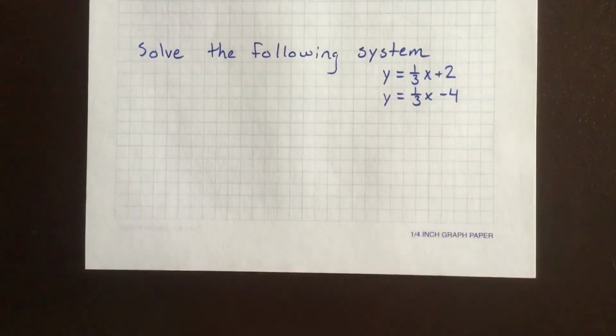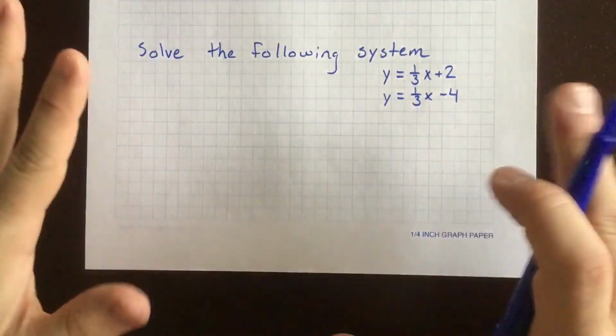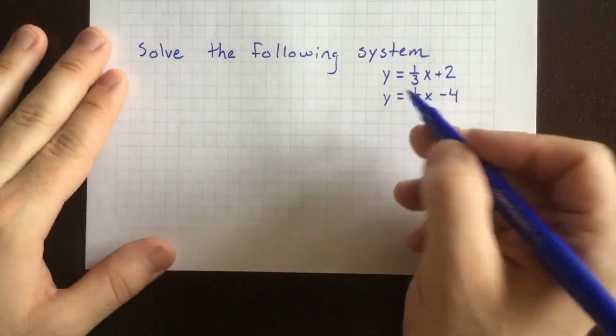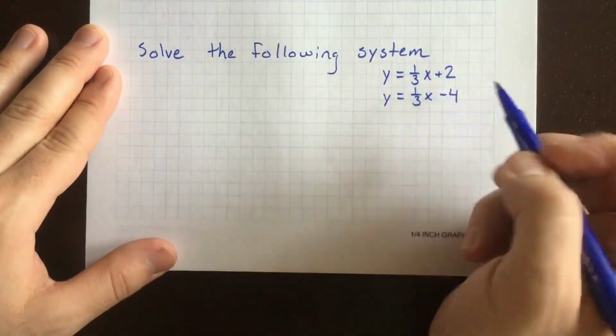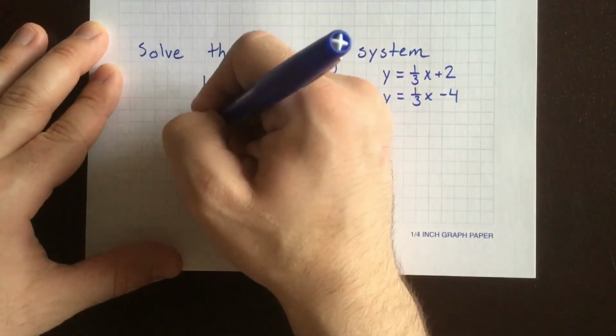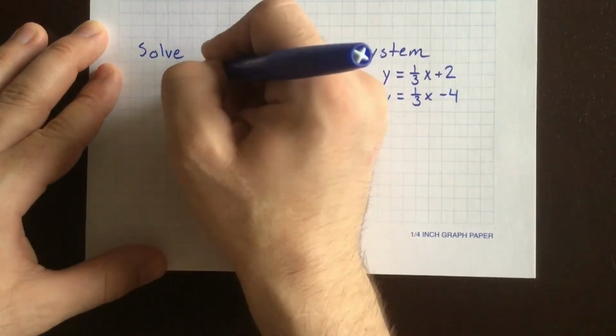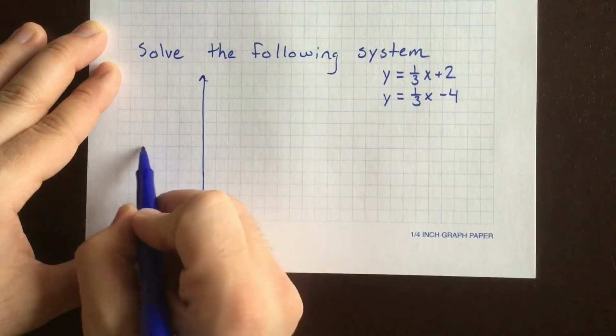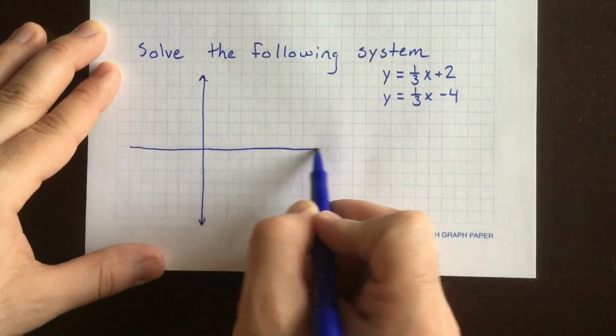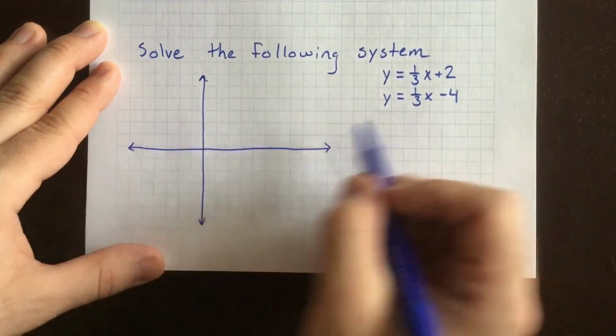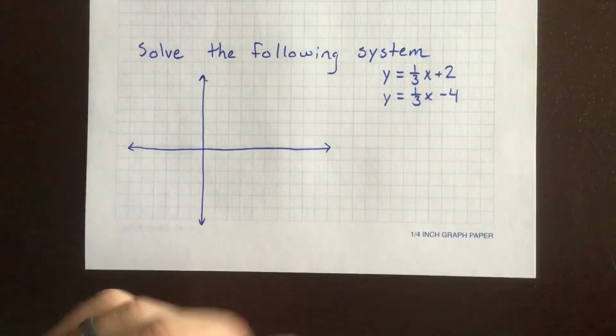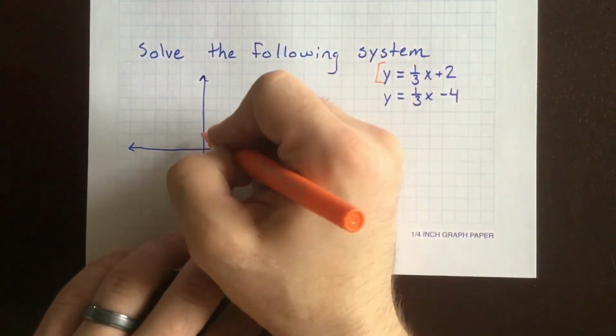So let's solve this problem. We're ending this video looking at this unique problem. You'll see how it's unique when we graph it. So y equals 1/3 x plus 2, y equals 1/3 x minus 4. So we graph this. We have this, starting point of 2.